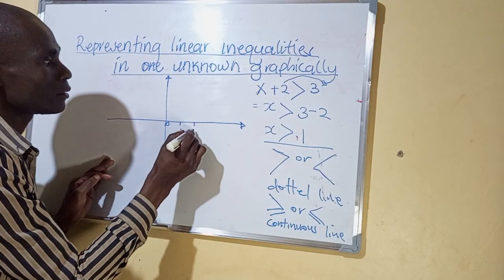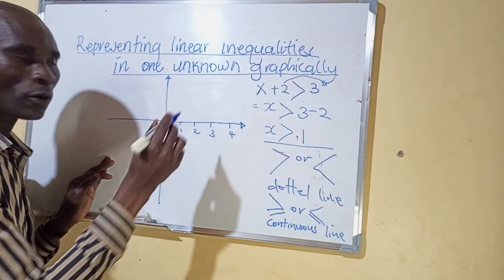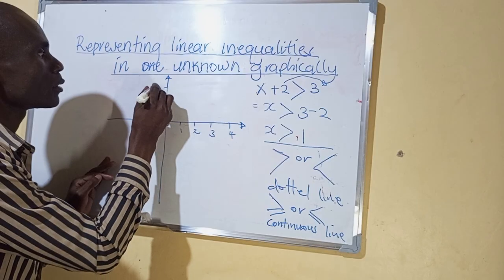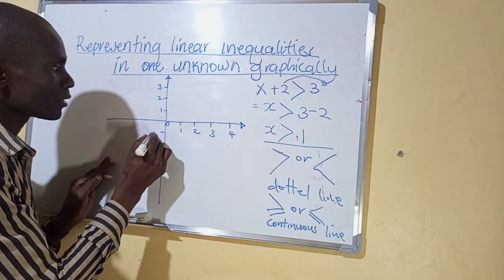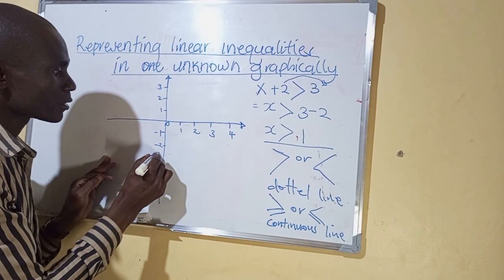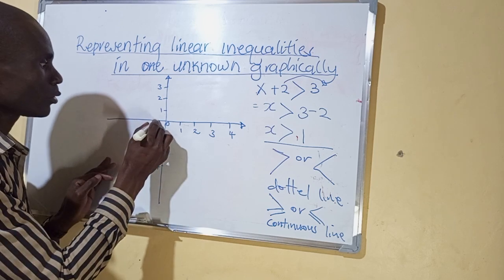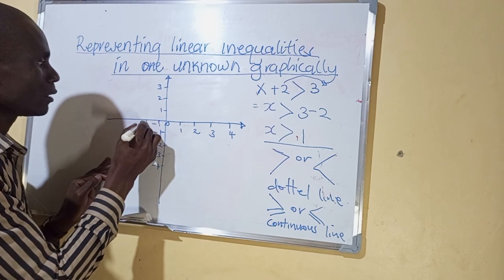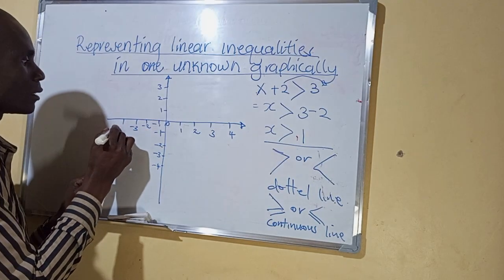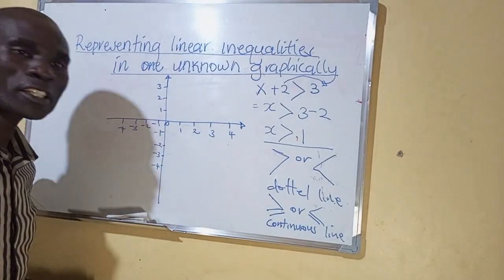This is 1, 2, 3, and then 4. Here we also have 1, 2, 3. Here we have -1, -2, -3, -4, and so on. Here we also have -1, -2, -3, -4, and so on. So this is our Cartesian plane.